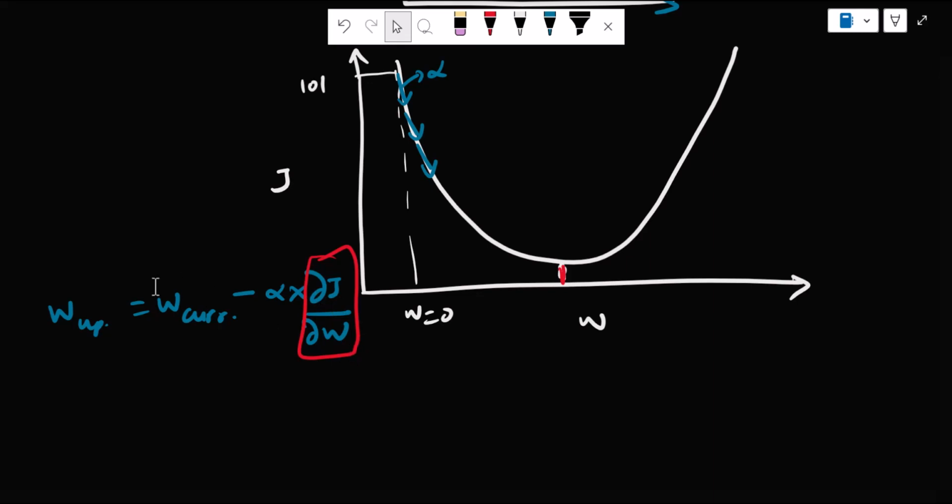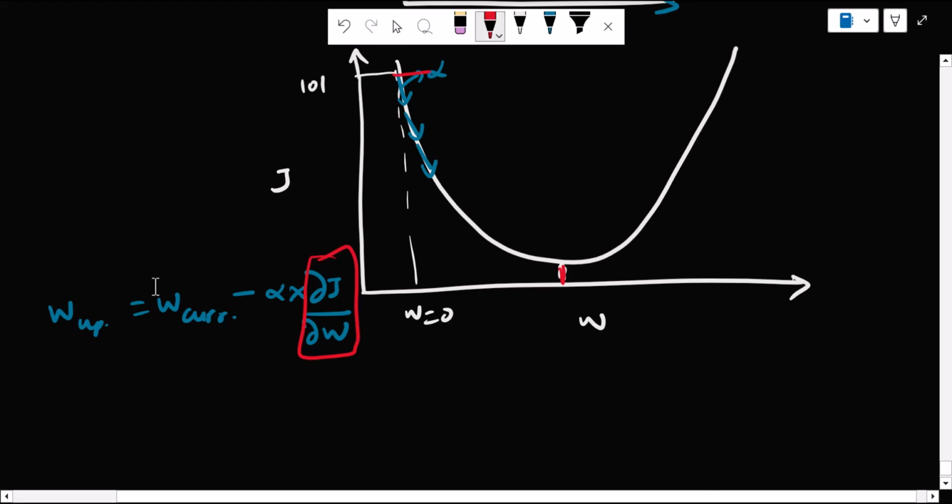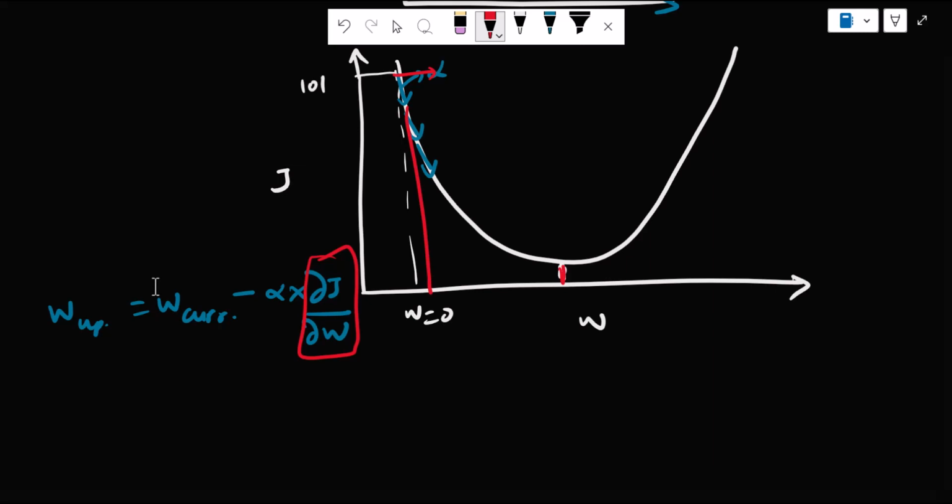So what does that eventually mean? We saw that to arrive at the minimum cost function, we are trying different values of w. Let's say we tried w equal to 0, and then we took a jump and tried a different value of w. This jump was called the learning rate alpha, and this is the slope. The new value of the updated parameter w is given by the current value of w minus alpha, the learning rate, into dJ by dw.